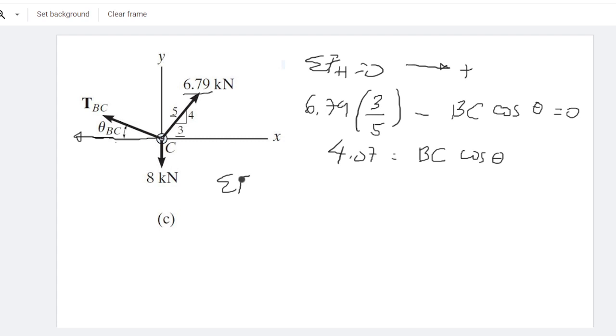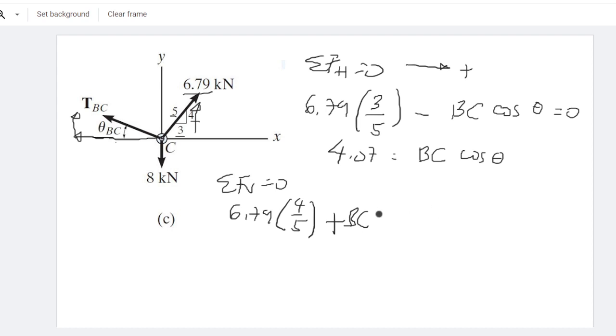If we sum of forces vertical equals to 0, then this is all positive. Also this one positive. So you have here 6.79. We use this vertical, 4 over 5, and then the other one plus BC, okay, plus BC.